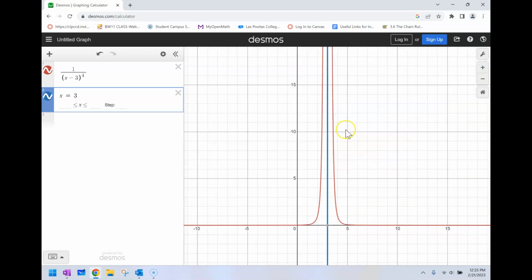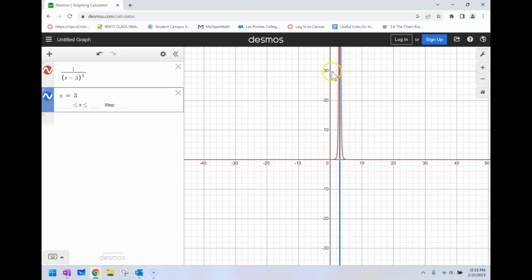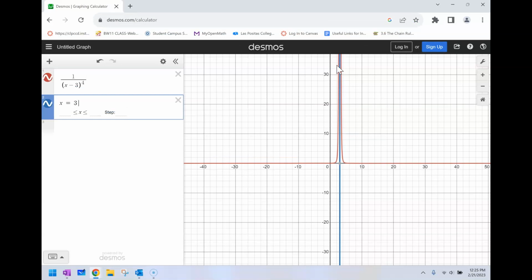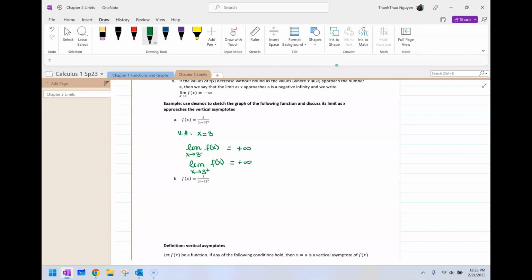As x approaches 3, the function itself increases without bound. Okay. This means as x approaches 3 from the left, the limit approaches positive infinity and from the right positive infinity. This concludes that the limit as x approaches 3 of f of x equals positive infinity.